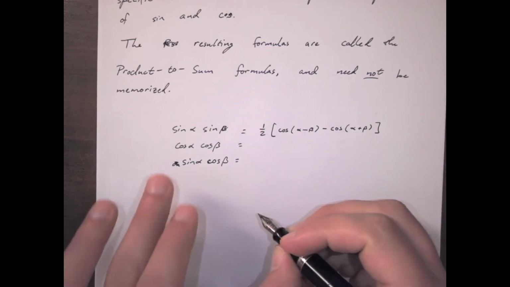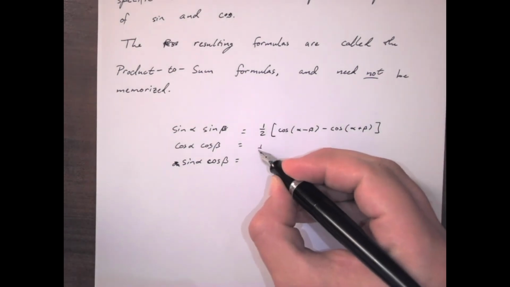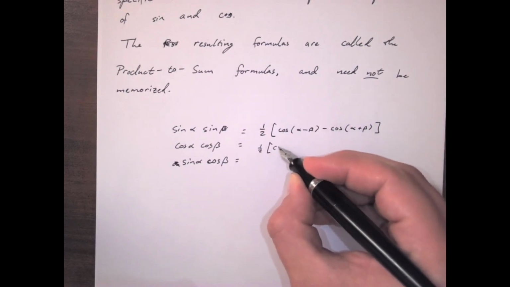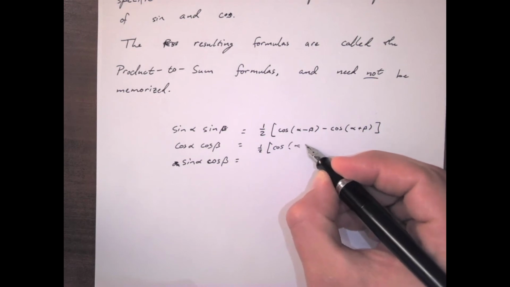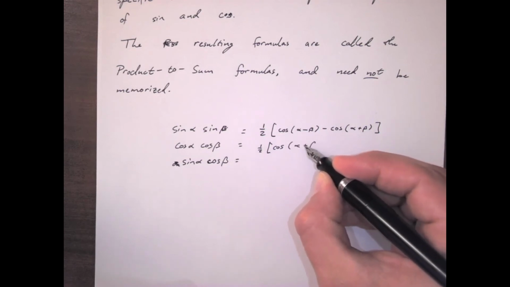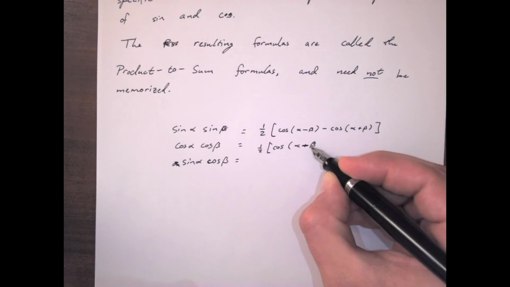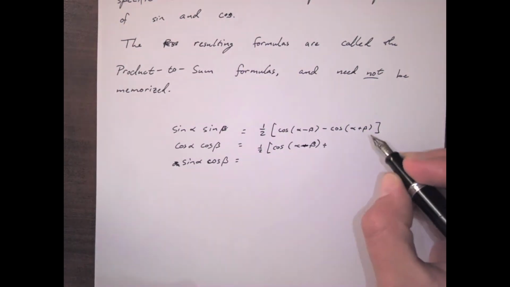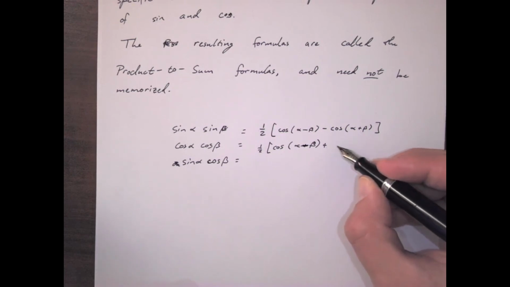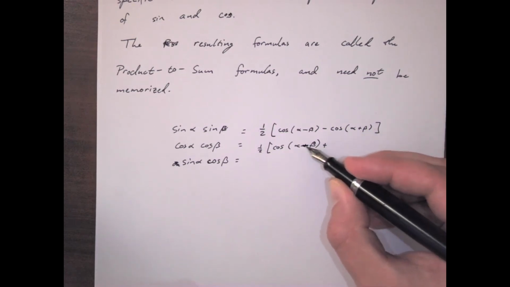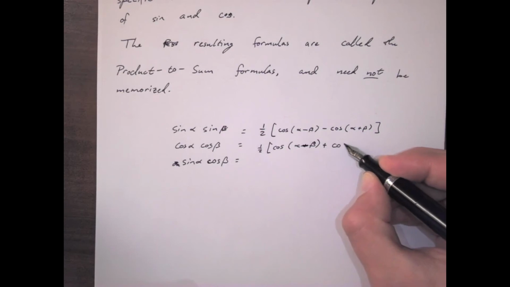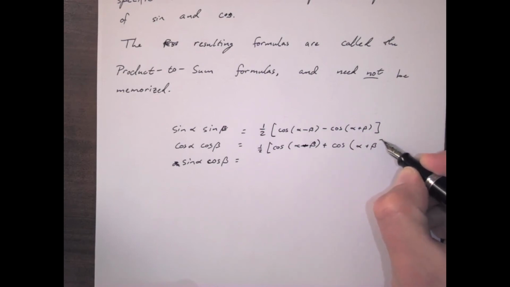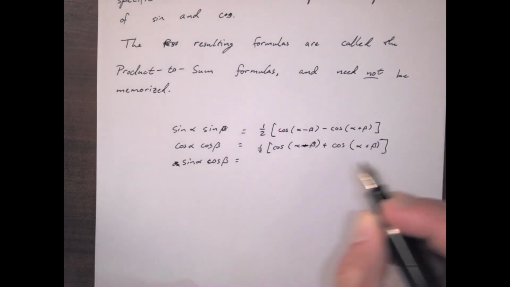Now for this one, for cosine cosine, very similar. Just instead of subtracting them, I add them. So I'll write it in the same order that I wrote this one. It doesn't matter which order we write them in, but it's written on your formula sheet in this order, so I'll stay consistent with that.